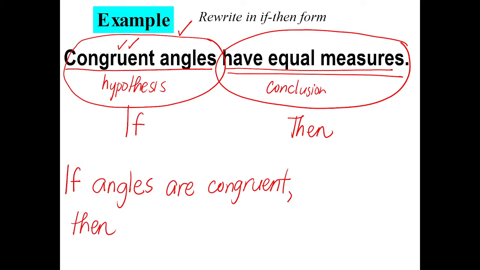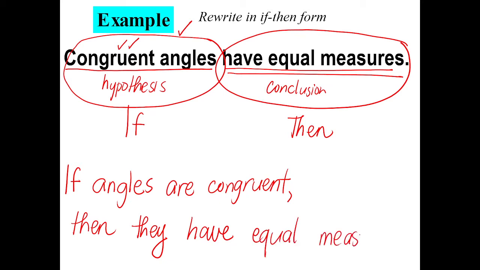Sir, di man ka pwede maingon, then have equal measures. Unsa may they? Nganong they man ang gigamit nato, Bing? More than one. Okay, so take note ha, kanang mga pronouns. It is singular, they for plural. Okay, they have equal measures.